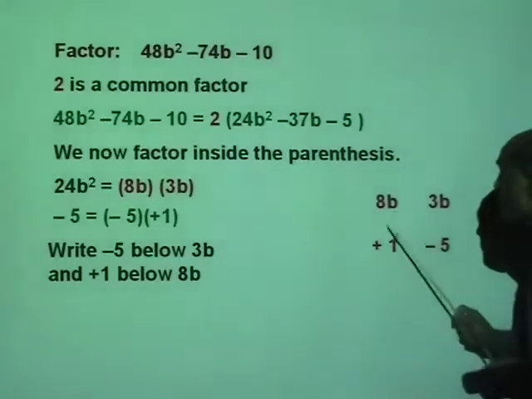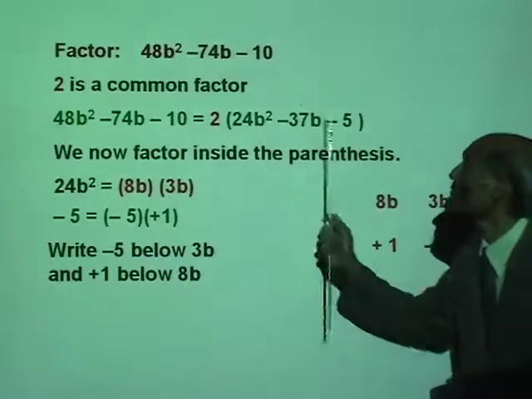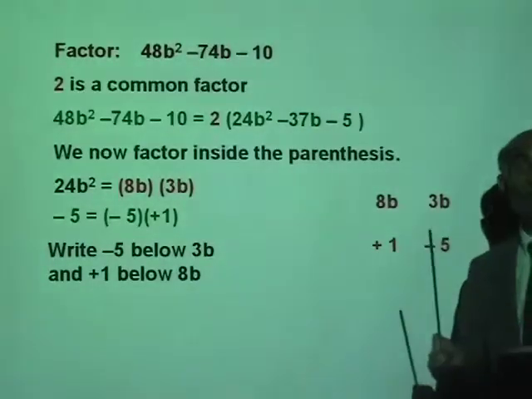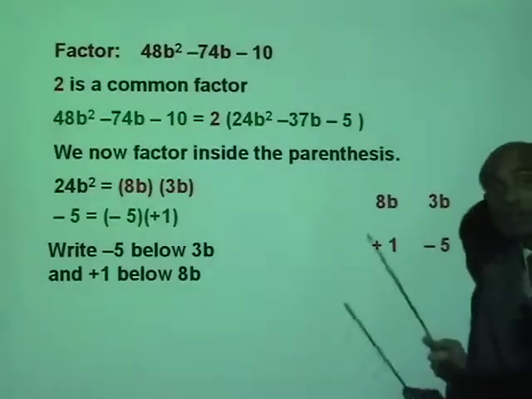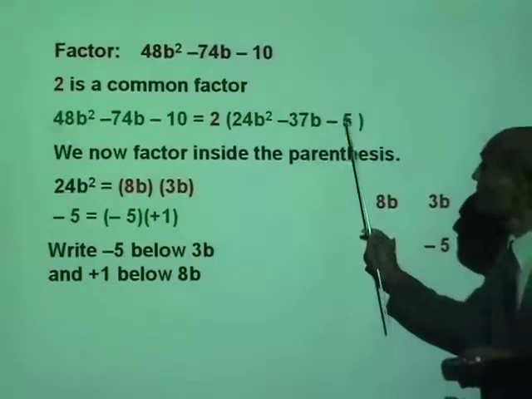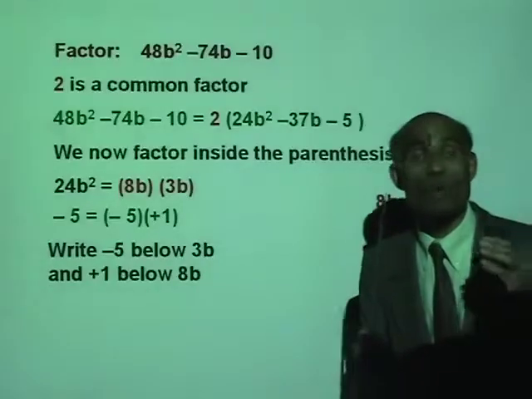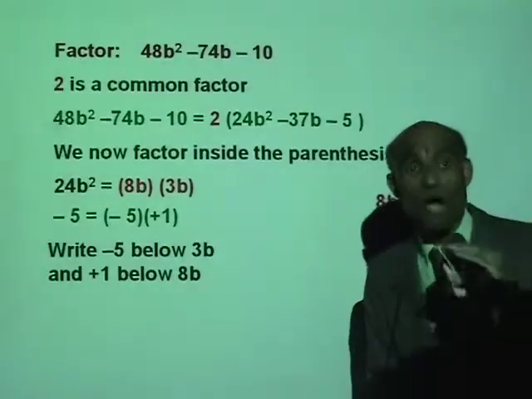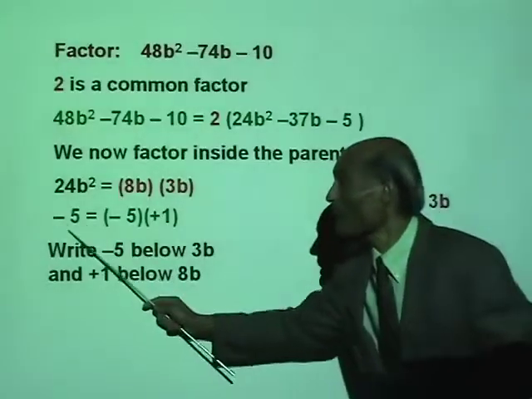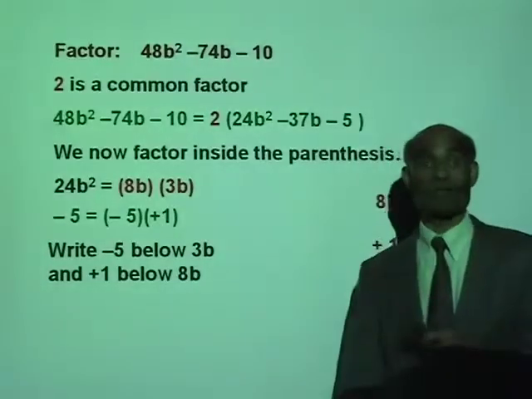So negative 40b added to positive 3b will give us the negative 37b. You need to do this by trial and error. If one doesn't work, then you try the other possibility. So we factored the negative 5. A negative number can only be factored as a positive number times a negative number. So negative 5 is factored as negative 5 times positive 1.